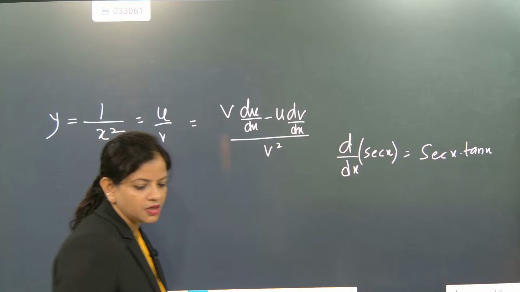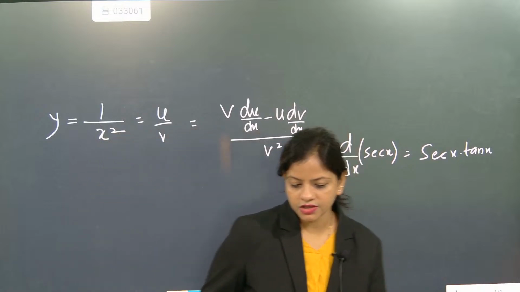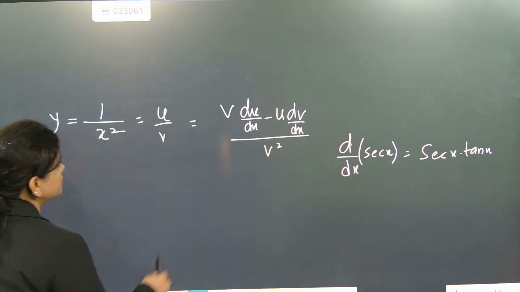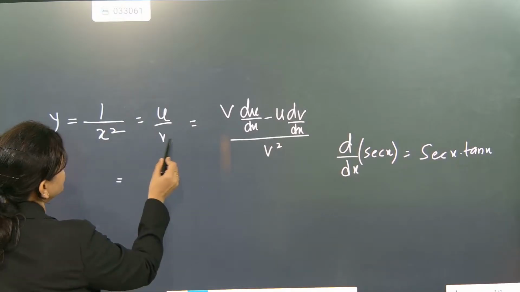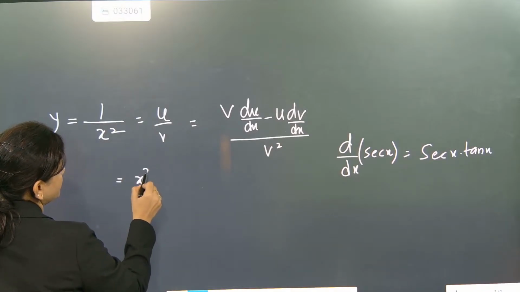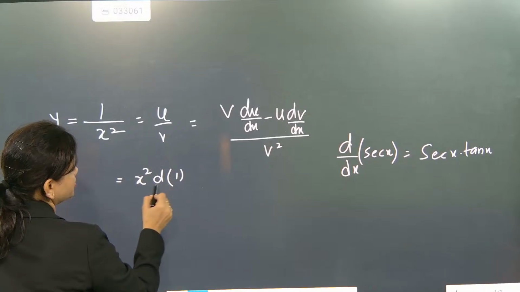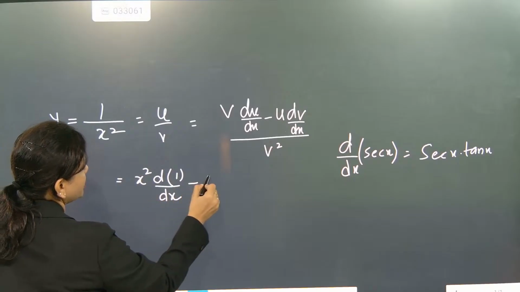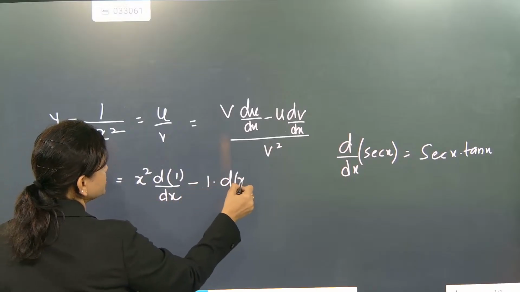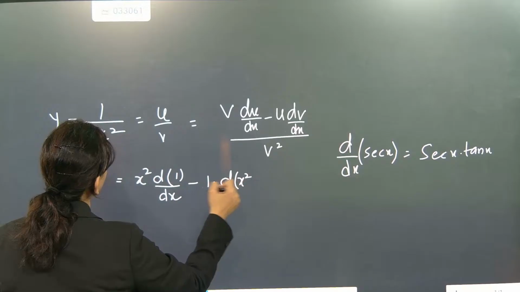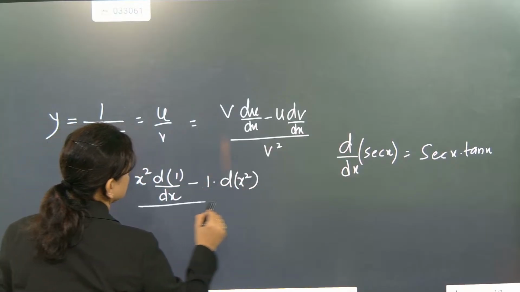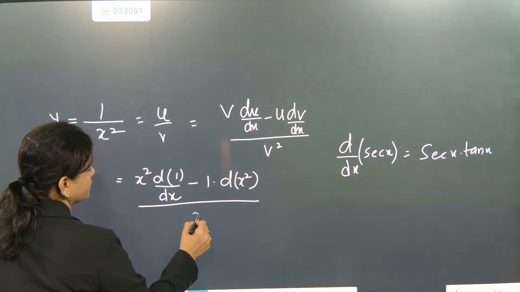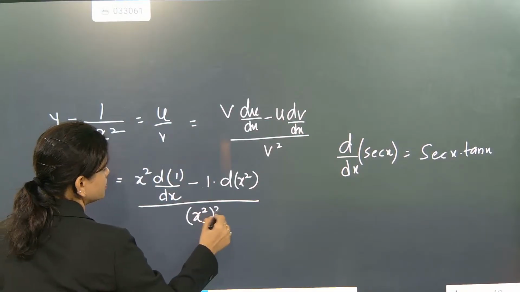Very good, Rudra. Minus 2 by x cube. Let's see, beta. So here the same method we have used. What is our v? V is x square. X square into differentiation of 1 minus 1 into differentiation of x square, by x square whole square.